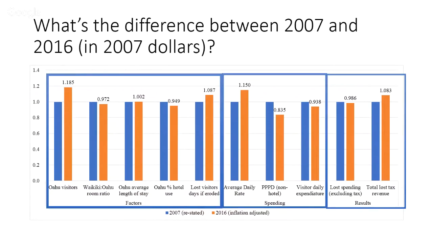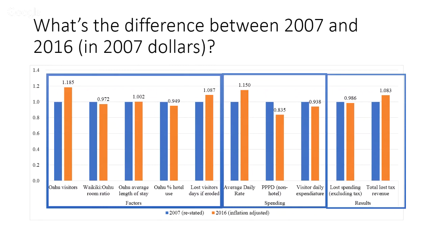So if we take a look at this graph here, the blue bar is the original report, and the red is what's changed over time. As we can see here, there are many more visitors than before, roughly 19%. And people are also spending more on hotels, so another 15%.